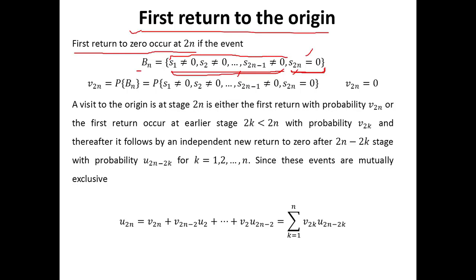So this will be the event for which we actually want to calculate the probability. Let us say the probability of this event Bn is represented by v2n. So this v2n will be the probability that S1 not equal to 0 up to S2n minus 1 not equal to 0, but S2n equals 0.